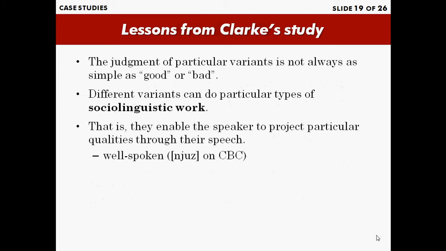So do I want to sound well-spoken, such as people on CBC saying "nyews," or do I want to sound modern, such as people on CTV saying "news"? Or do I want to sound local, such as people in Norwich saying "nooz"? So in choosing subconsciously to use one or the other of these variants, you're choosing to project particular qualities about yourself. So you're using these variants to do particular kinds of sociolinguistic work.